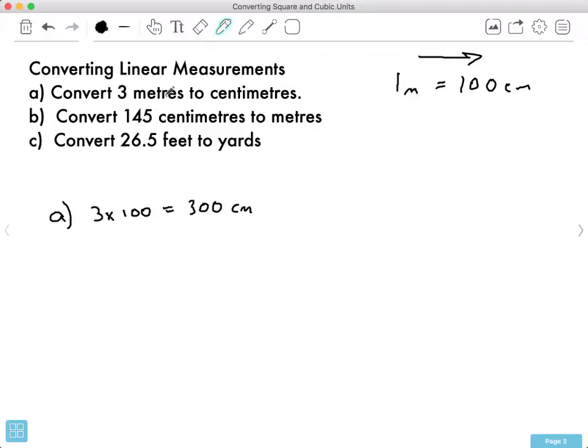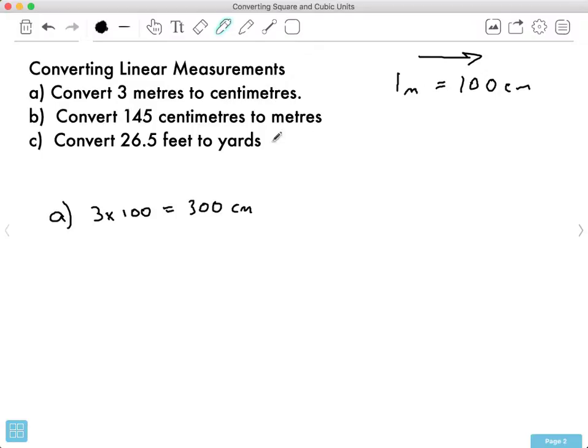Anytime you're converting from a larger unit to a smaller unit, you're going to multiply by the conversion factor, because there's going to be more of the smaller unit, a larger number than there was in the bigger unit.